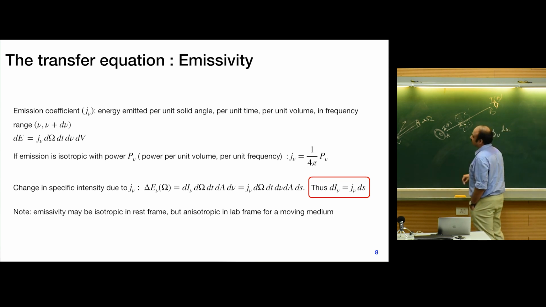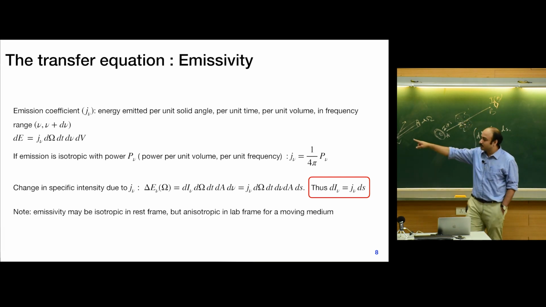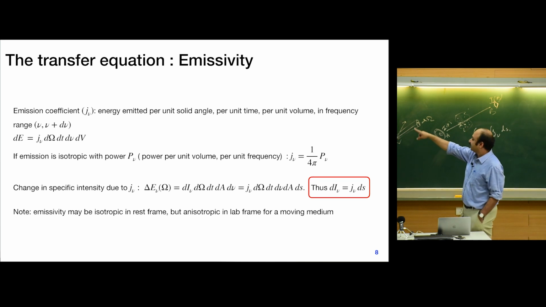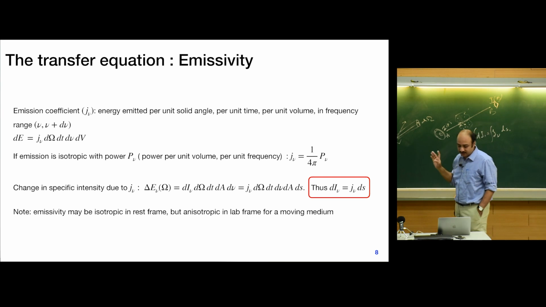So to find the total change in intensity, you just integrate it over this entire length. So from a volumetric definition, you are going to a per unit area. That is the important thing. Because J is per unit volume multiplied by length, and I integrate, you again get something per unit area, and that is what the intensity is, energy per unit area.